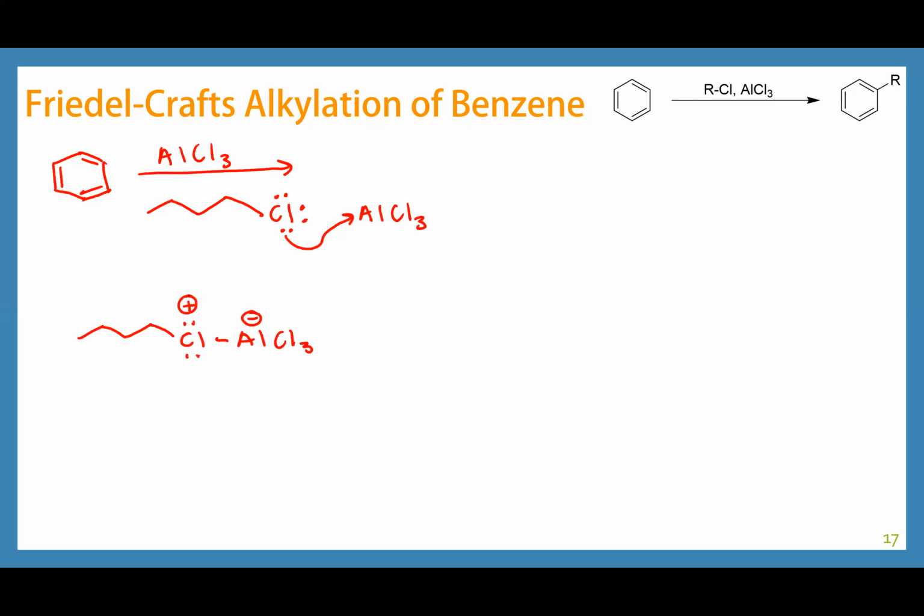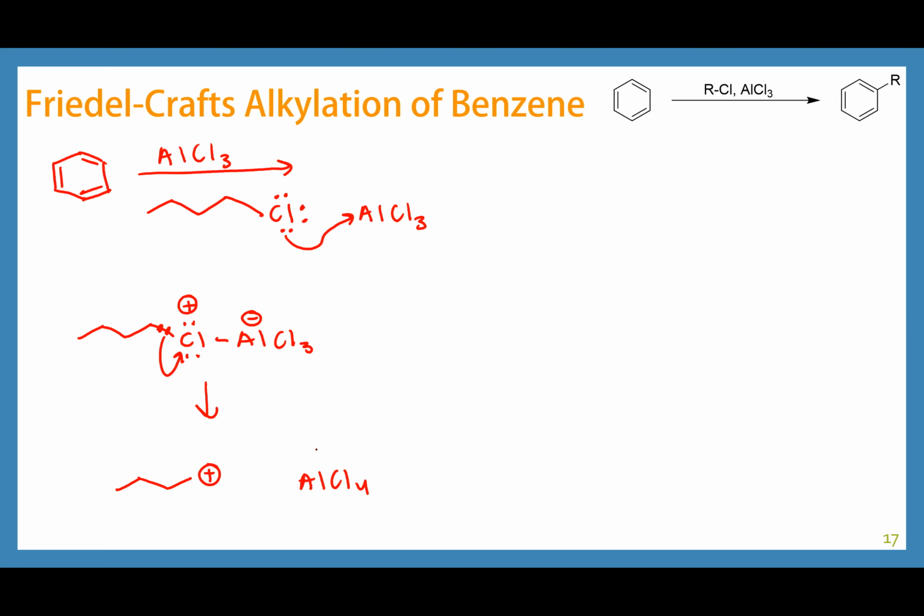Does chlorine like being positively charged? No, chlorine is an electronegative atom. It's going to be very displeased by this arrangement. And so what happens is the bond breaks and you end up creating a carbocation.